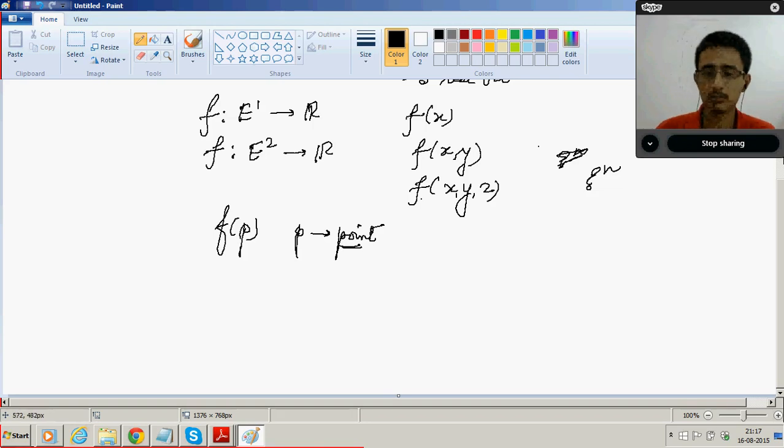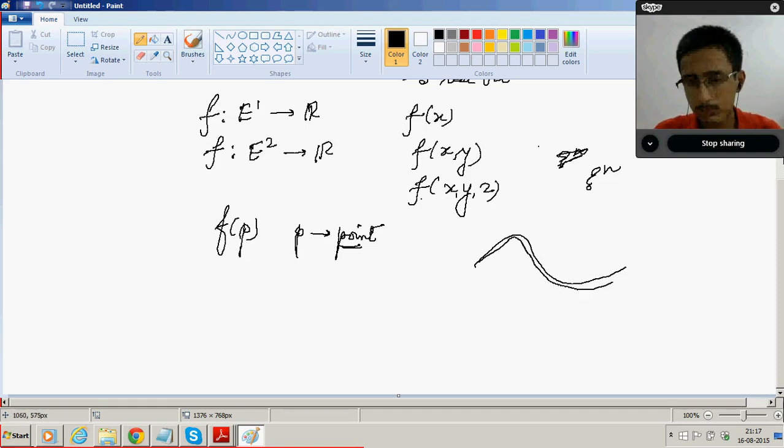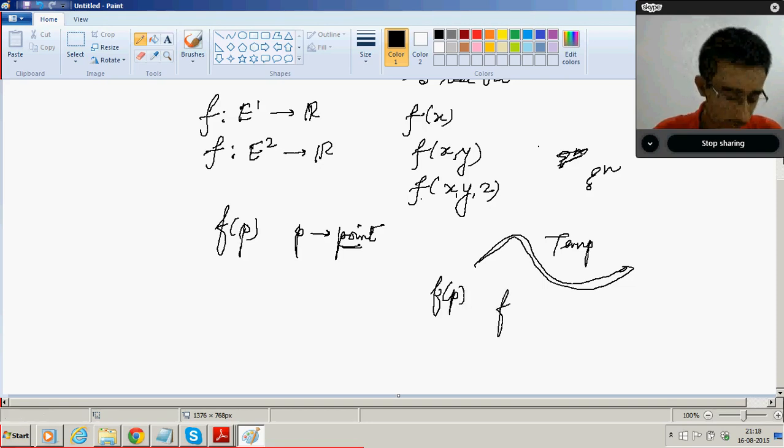Suppose we have a very thin wire, and we are interested in the temperature distribution along the thin wire. So it makes sense to talk of f of p rather than f of x, y, z. Correct?